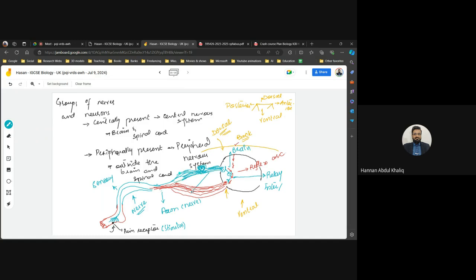But they are combining at a point where the axons of sensory nerves and motor nerves combine. As I have told you, this one is a sensory nerve, this one is a motor nerve. But what would you call this nerve where all the axons of sensory and motor nerves are combining?